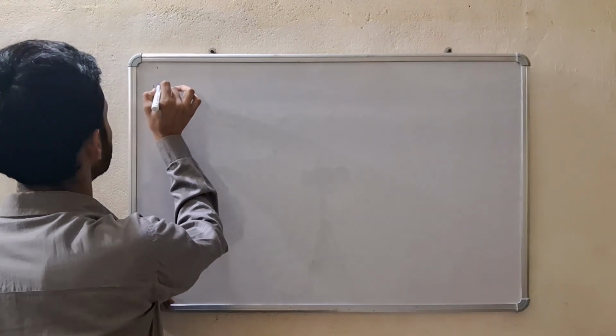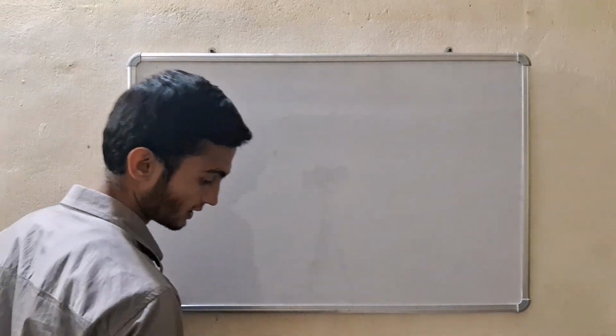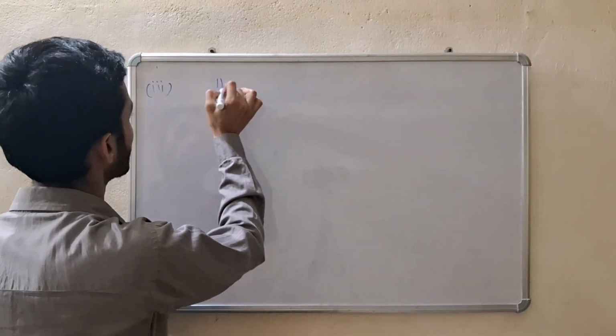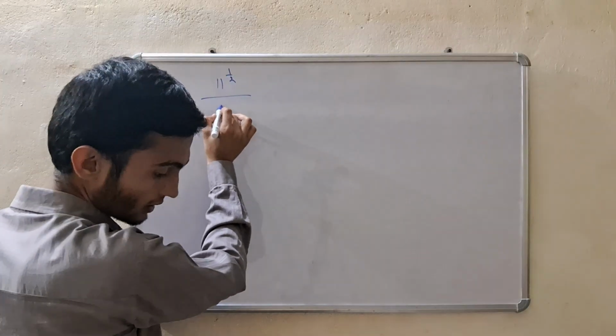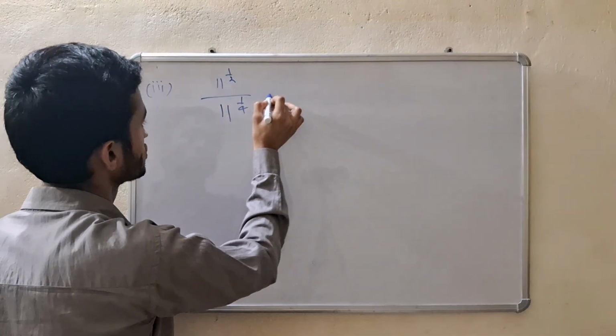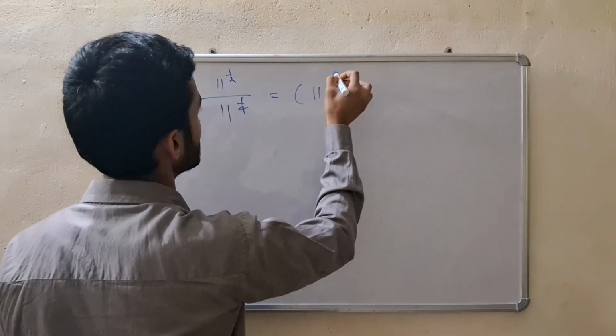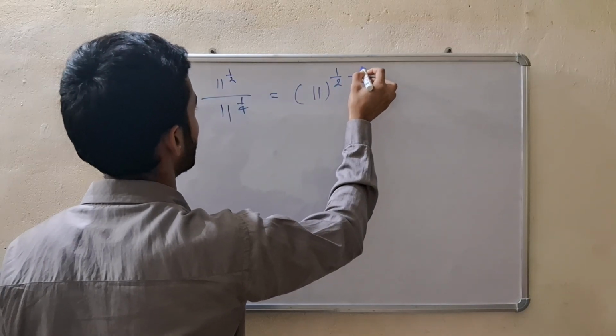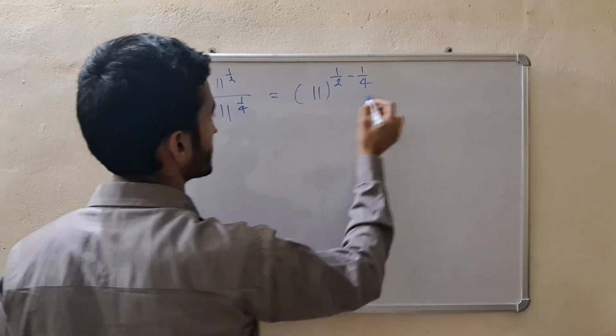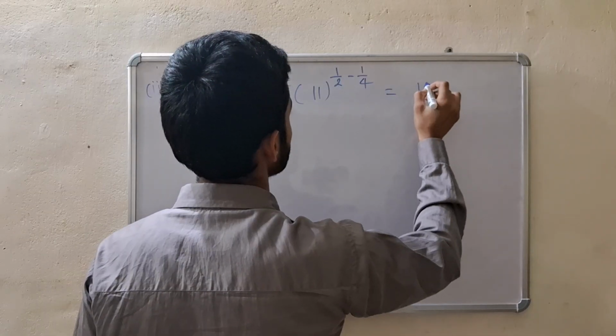So the third one says 11 to the power of 1 upon 2 upon the same base to the power of 1 upon 4. So you know what we are going to do? We will subtract the exponents and we will get this. Half minus 1/4.